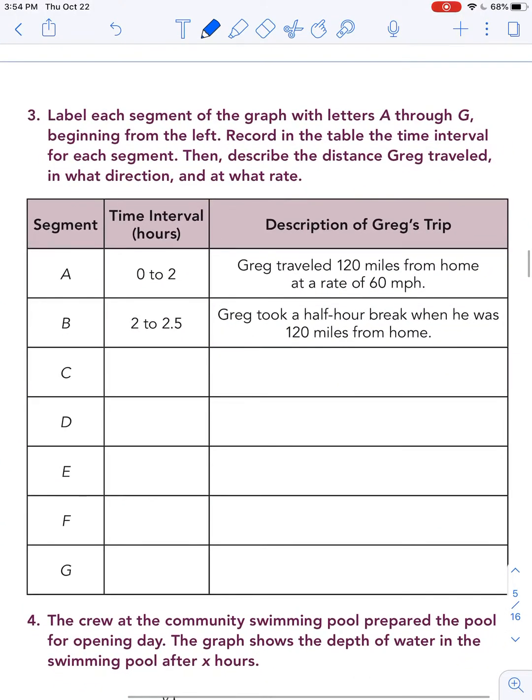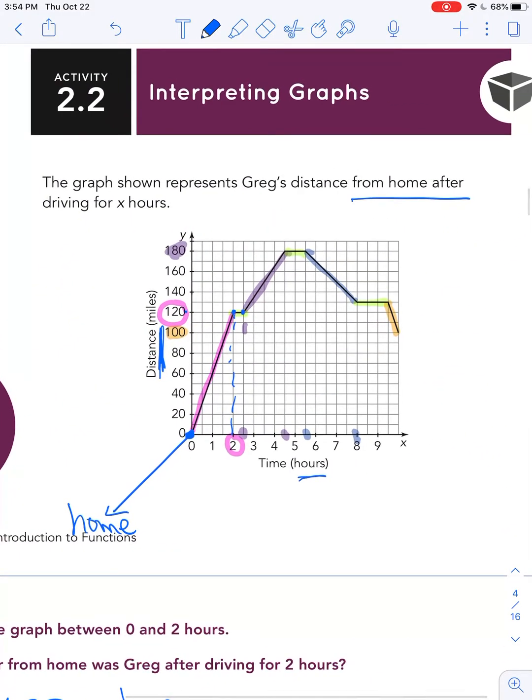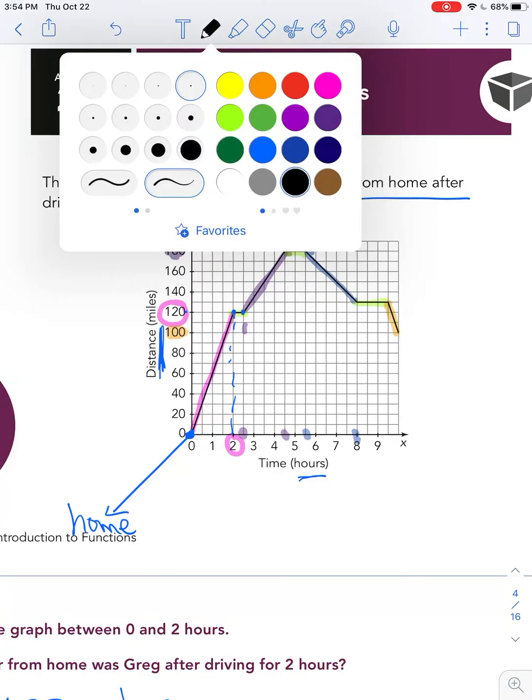Okay, so we're going to label this section of the graph with letters A through G, beginning from left to right. And then we're going to record the information in the table for the time travel. Okay, so we're going to go back up to this graph. I'm going to use a different color.